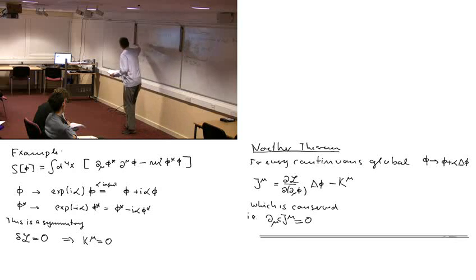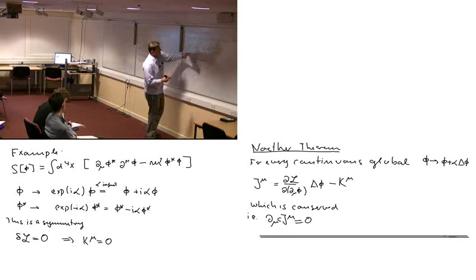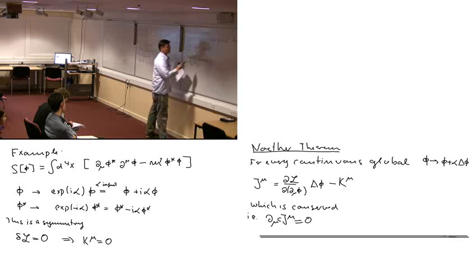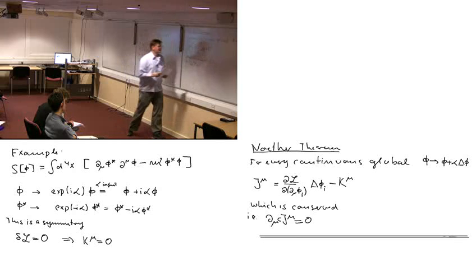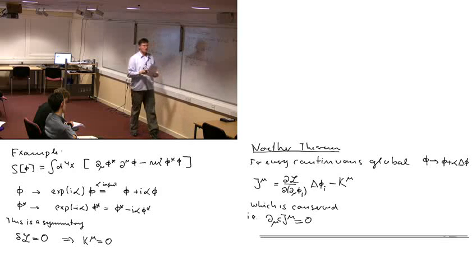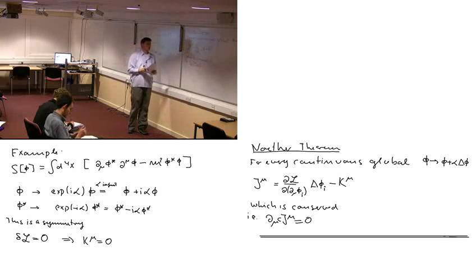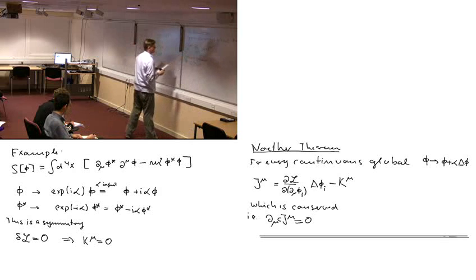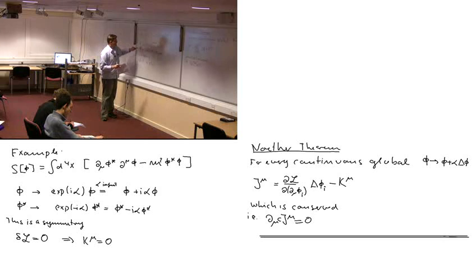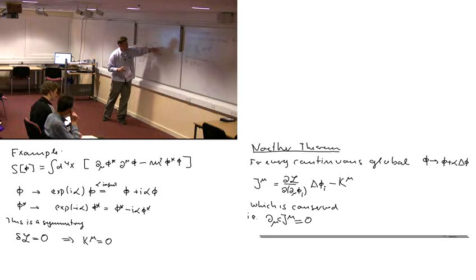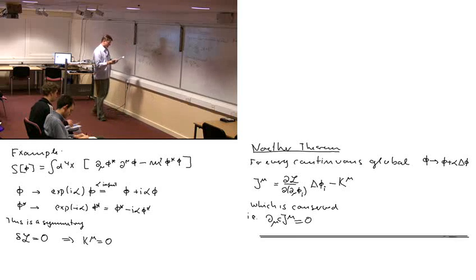So let me improve this part by simply putting in an index I. Basically, we are summing now over all possible changes in this field, or all directions in field space. So this becomes a scalar product, if you want. Now we have two fields, phi 1 and phi 2, where one has a plus change and one has a minus change.